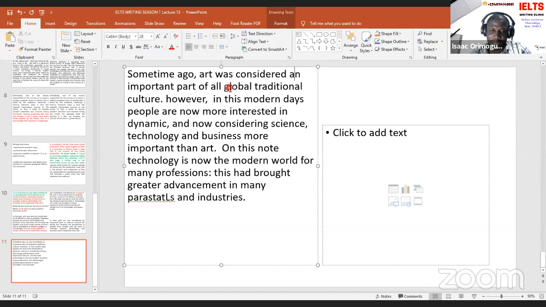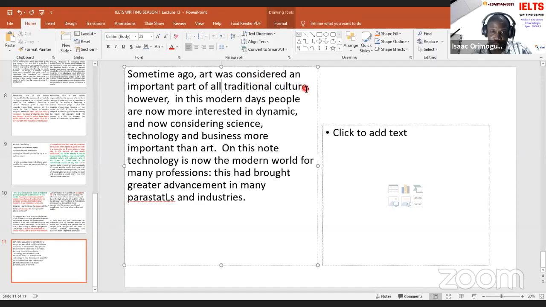I would have preferred "all traditions globally." "All global traditional culture" tells us the culture is global. No, all traditional culture globally. So the arrangement is key.